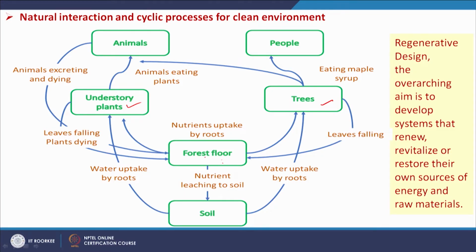So, these are the nutrients. What we see here is that the environment has a regenerative design. If there is some disturbance, it can accommodate it and it can revitalize or restore its own sources of energy and raw materials. This is the beauty of the natural environment.